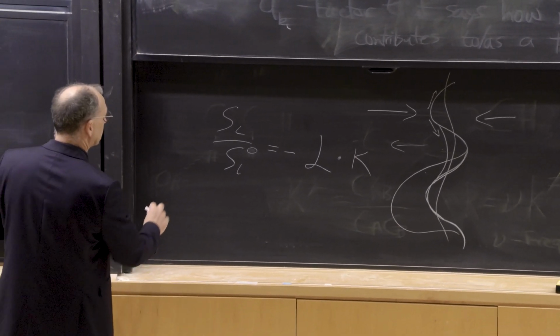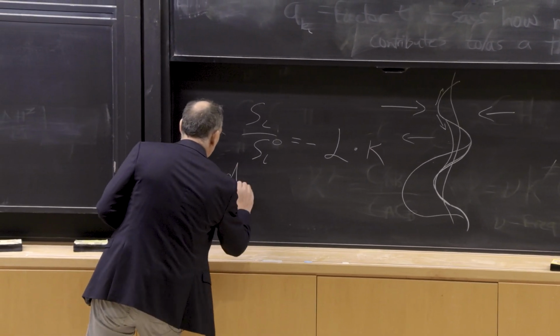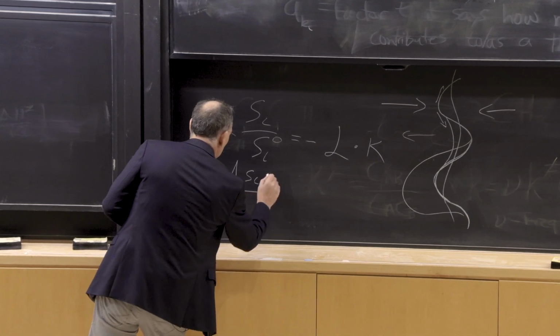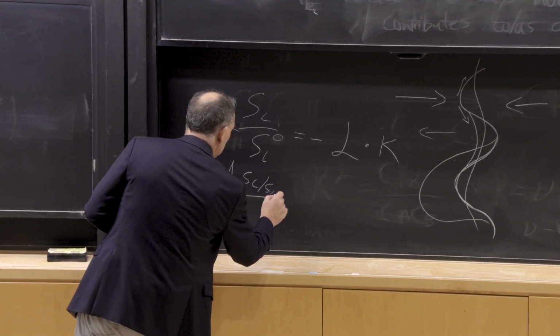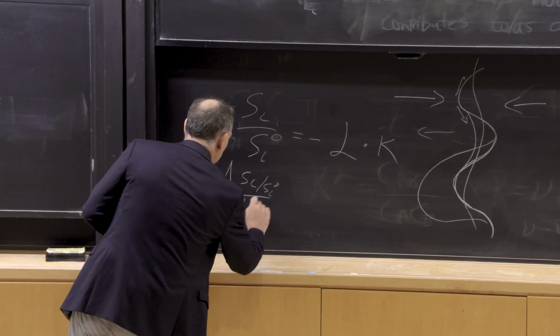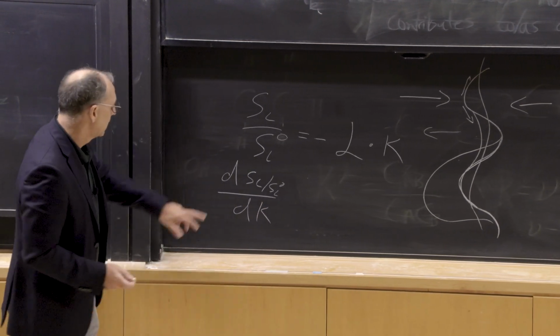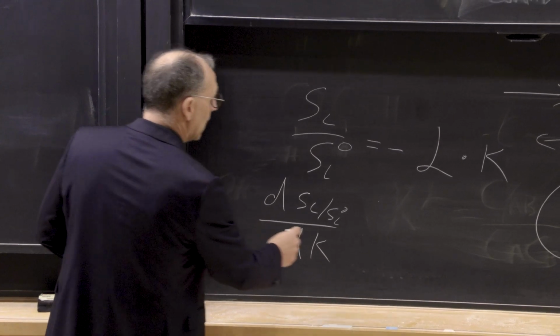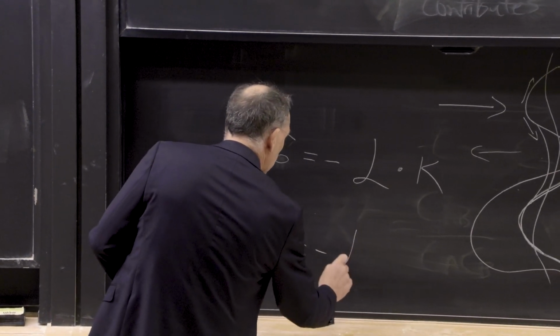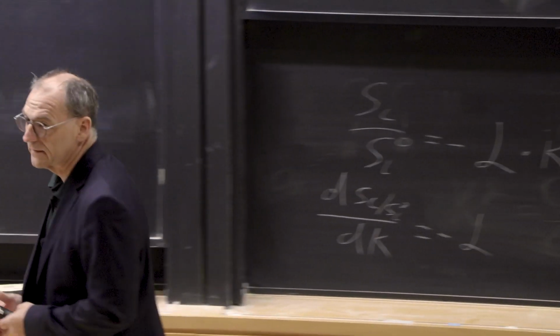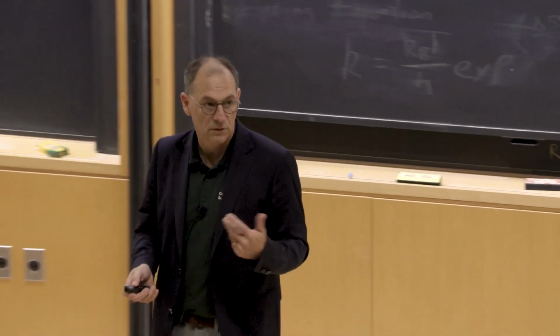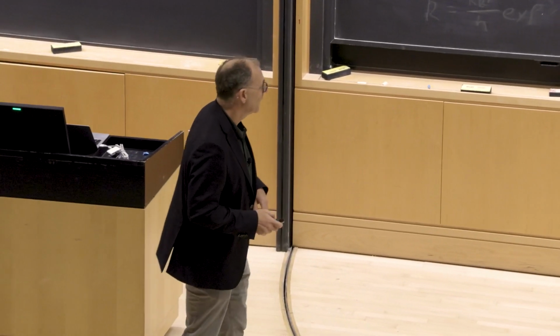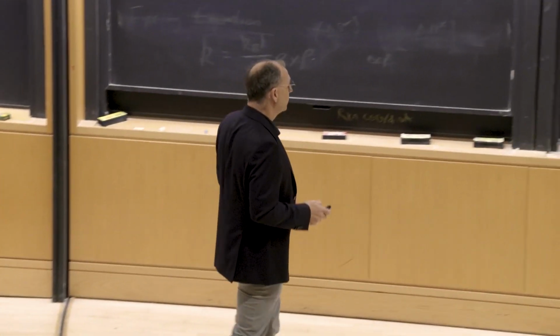And then if I look at dSL by dkappa, that's the sensitivity of the burning velocity with respect to kappa. That's just minus L, right? So that's the sensitivity of the burning velocity towards curvature.